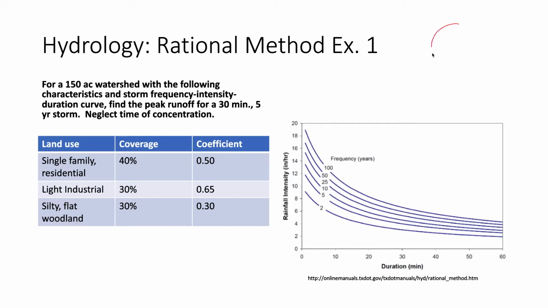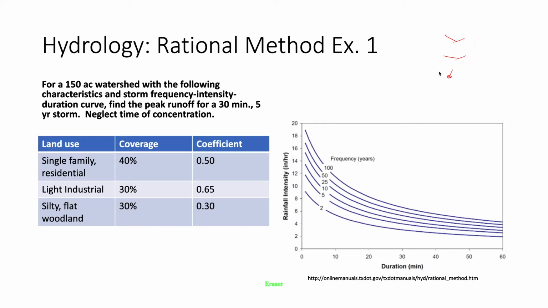So if we have this watershed, it's going to start collecting water as it runs off. Once this entire watershed is discharging from its discharge point, then that's the time of concentration. So for any particular droplet of water, whatever the longest amount of time it takes to get out of the watershed, that's time of concentration.